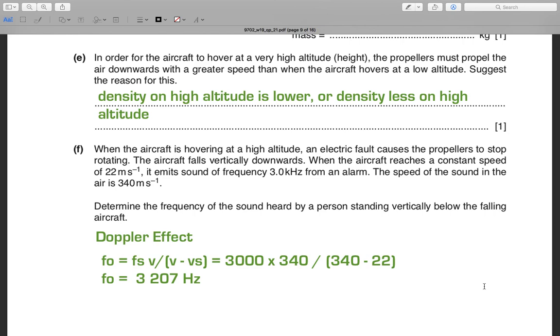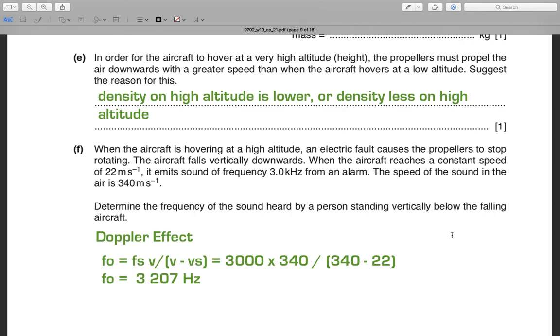When the aircraft reaches a constant speed of 22 m s⁻¹, it emits sound of frequency 3.0 kHz from the alarm. The speed of sound in air is 340 m s⁻¹. Determine the frequency of the sound heard by a person standing vertically below the falling aircraft.